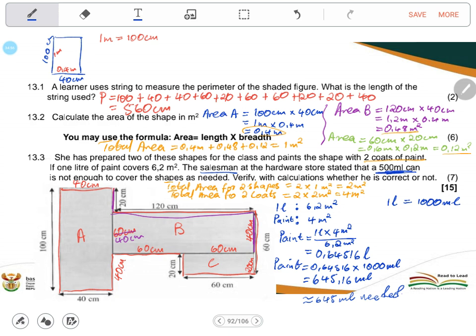So we must conclude now. It says verify with calculations whether he is correct. So we need to conclude and say the salesman's calculations were correct.